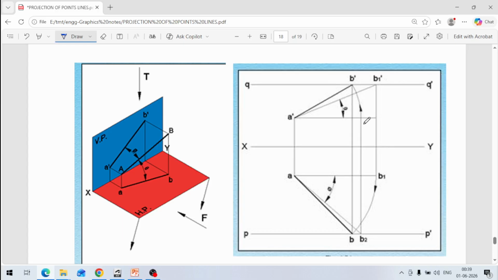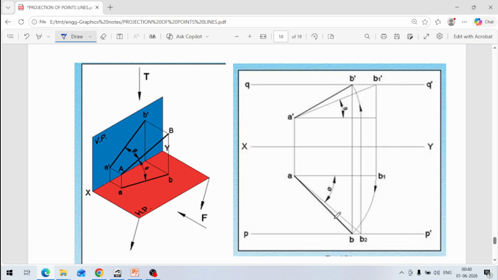How will these angles come? We will discuss this in great detail in the next example. First just try to understand this. From the horizontal plane, similarly I draw a line and draw angle phi. This angle phi is with the true length, and from this true length we draw a horizontal line.